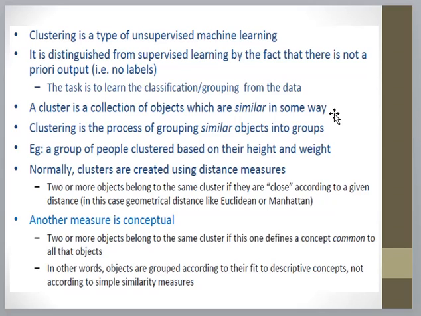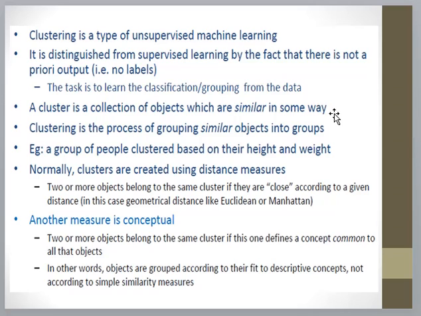So we will be looking for some patterns or features or characteristics in different objects, and the objects which have similar characteristics in some way, we will make them one cluster. And on the other hand, there will be some other objects which will have some other characteristics, and we will form another cluster for that, right?